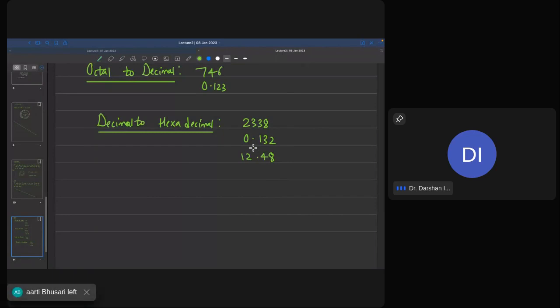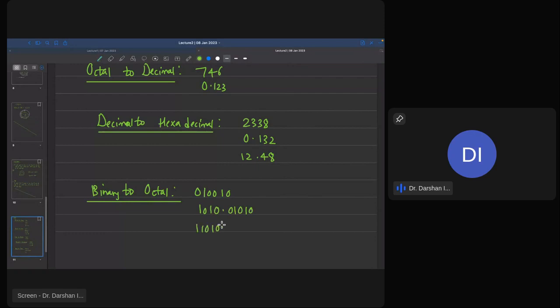Then binary to octal. You remember the groups of 3, right? That's going to be 0, 1, 0, 0, 1, 0, 1, 0, 1, 0.01010, and 1, 1, 0, 1, 0, 1, 1, 1, 1, 1, 0.